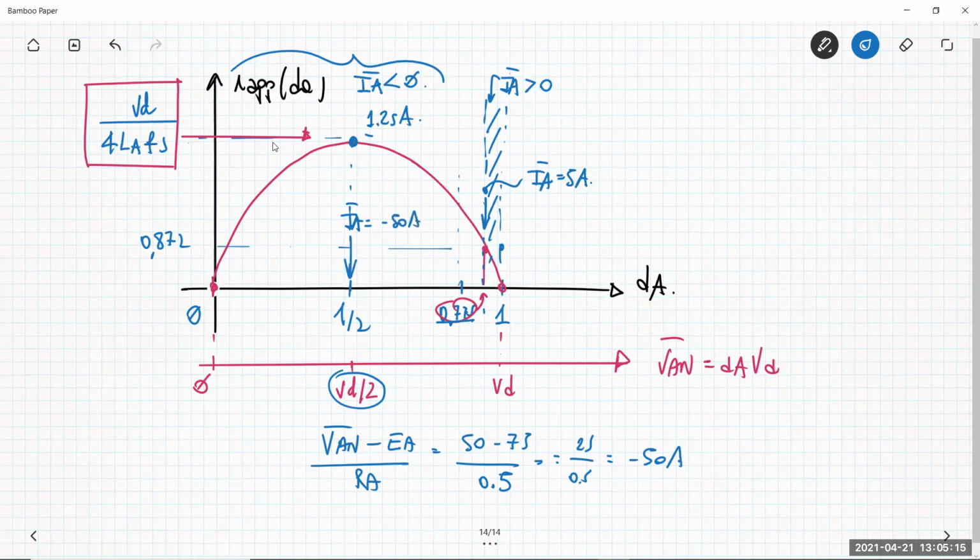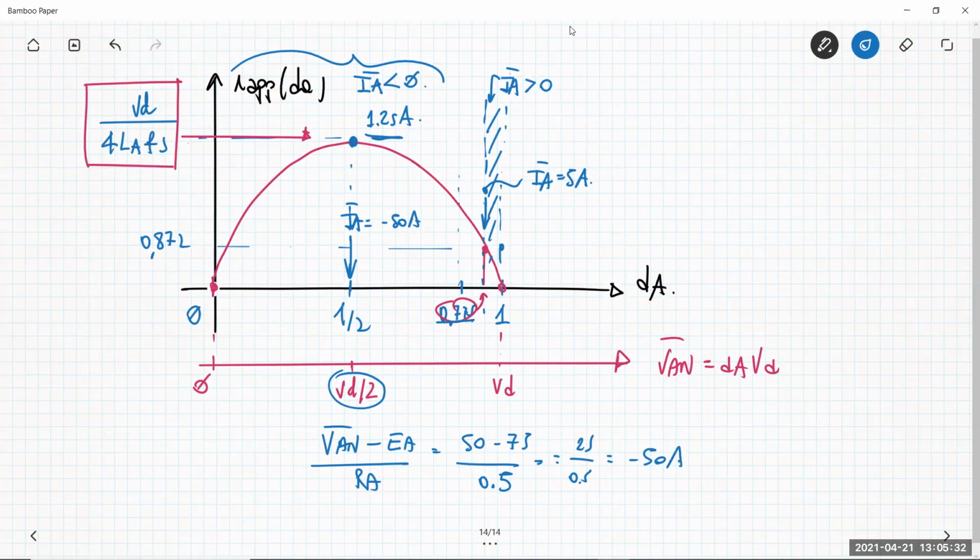So even if you have this higher ripple here, the DC quantity is also larger. By the way, this plot is just for the value of the peak-to-peak ripple. The DC component is not included.